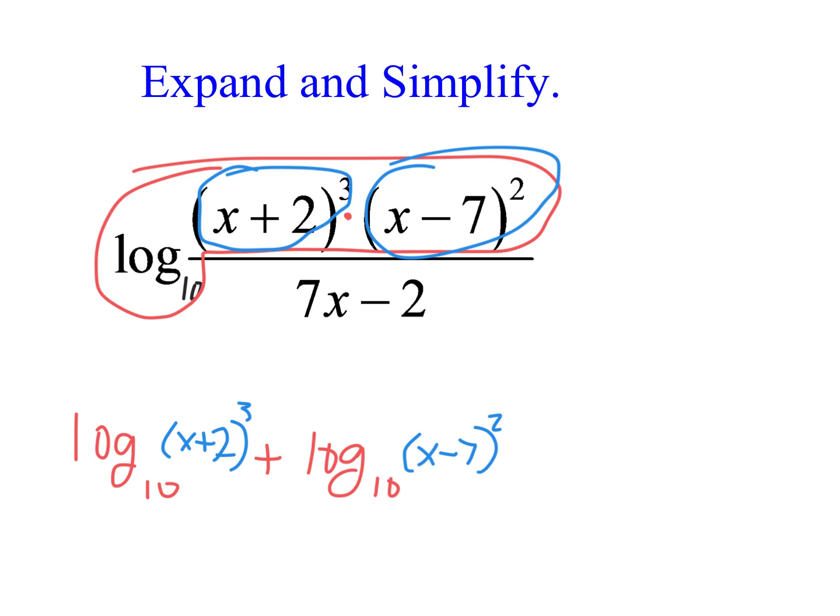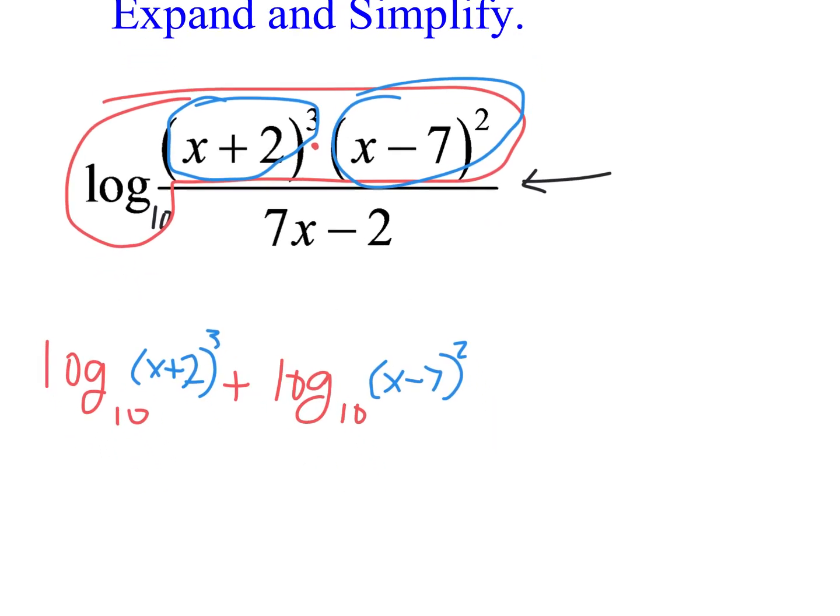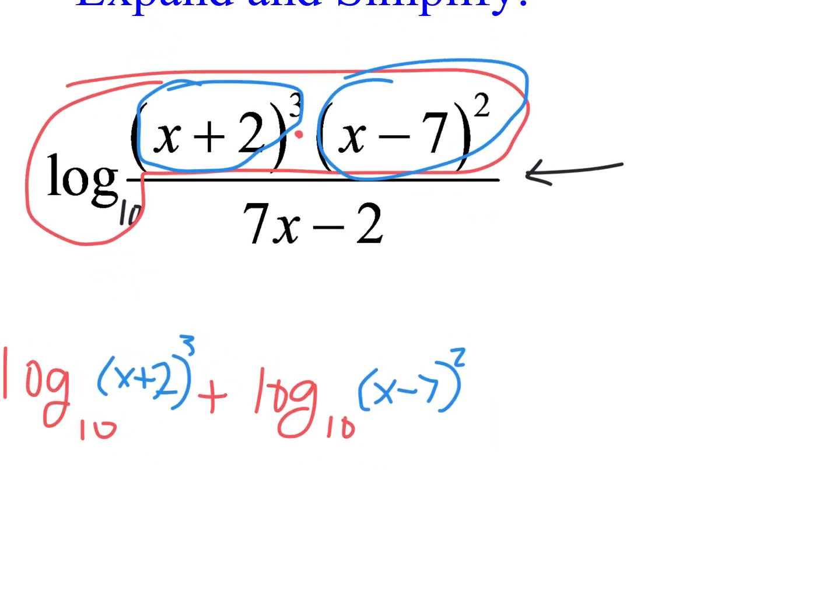It is more expanded than it was. Now I've got to do this divided by. Do you guys remember what that means? Minus. And another log. What is the base on that one? Same base as the other one. Base 10. And then I put this 7x minus 2 here.